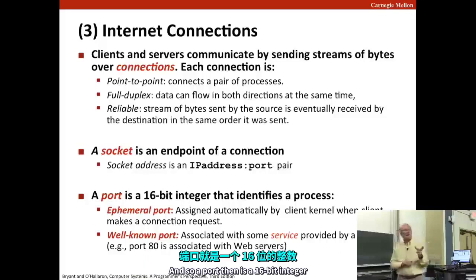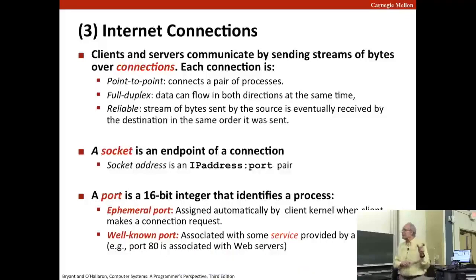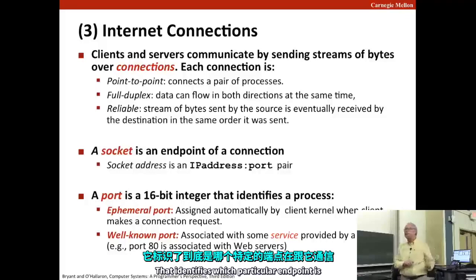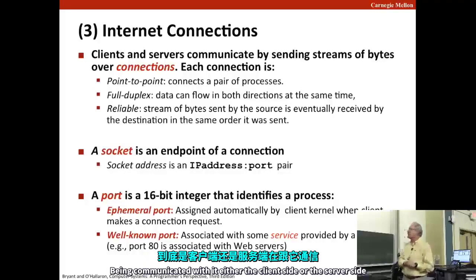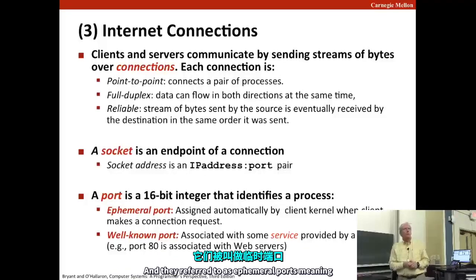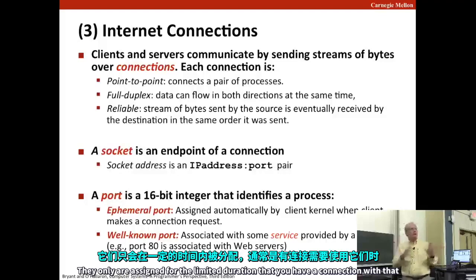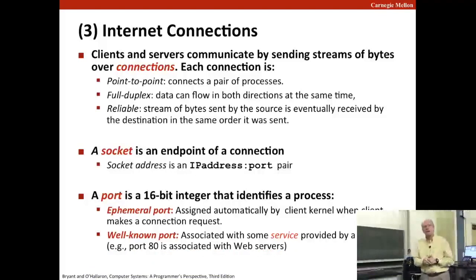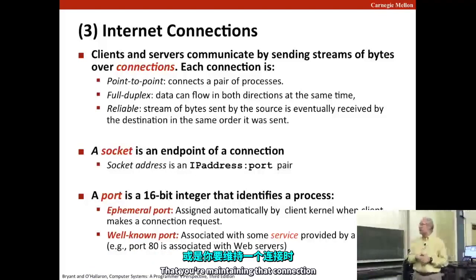So a port is a 16-bit integer that identifies which particular endpoint is being communicated with, at either the client side or the server side. Typically at the client side, these are assigned dynamically, and they're referred to as ephemeral ports, meaning they're only assigned for the limited duration that you're maintaining that connection.